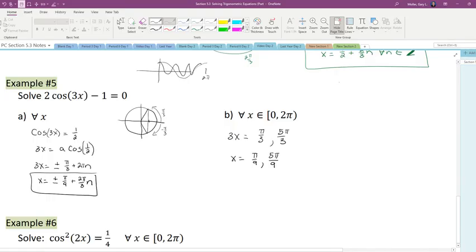So in other words, if I look at cosine a little more carefully, and I go 1, 2, 3, 4, here's 2 pi. 1, 2, 3, 4, here's 4 pi. 1, 2, 3, 4, here's 6 pi. So cosine would look like this if I stretched it all the way out and kept going to 6 pi.